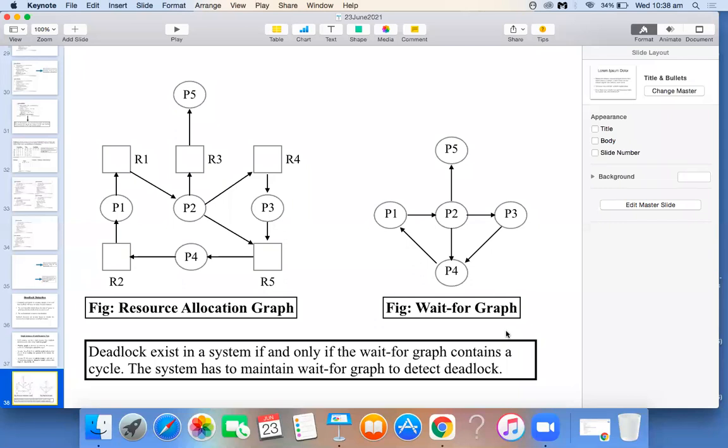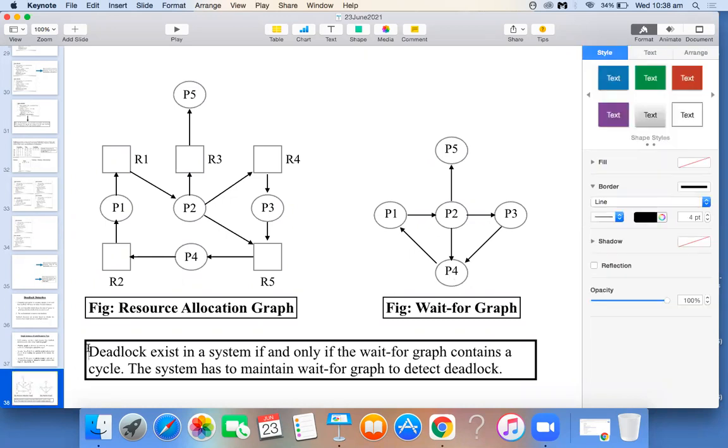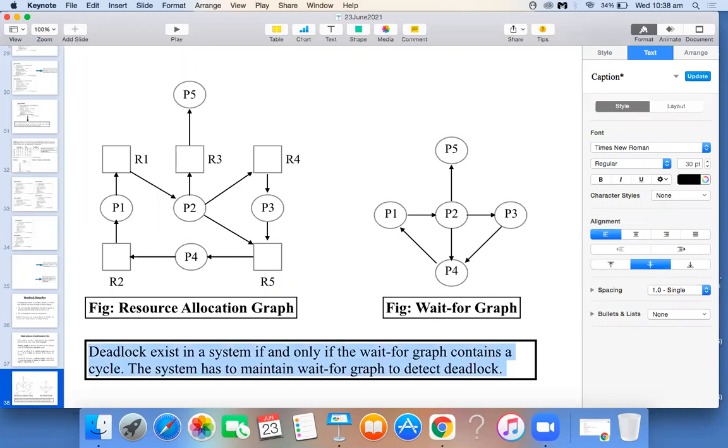If there is no cycle formation in your wait for graph, then it indicates that no deadlock is detected in our system. That's what you can see highlighted here. Deadlock exists in your system if and only if there is a cycle formation in a wait for graph.